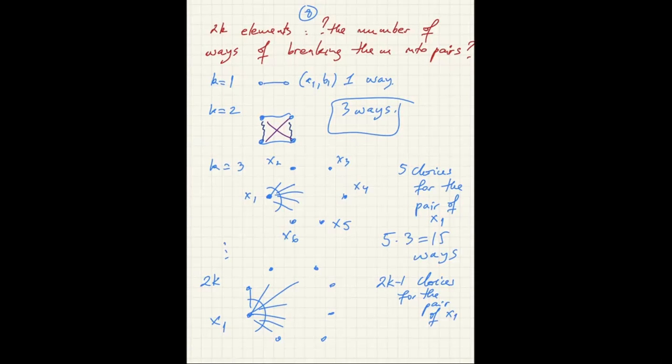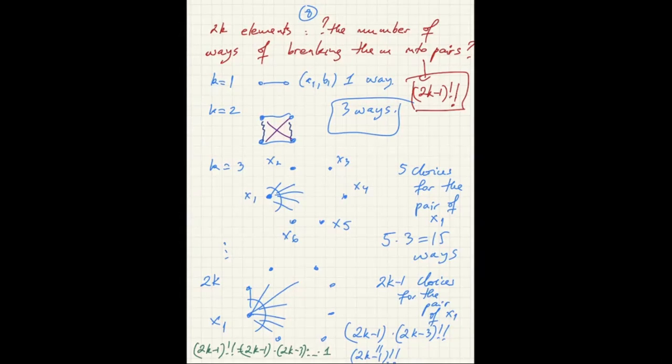It turns out you can prove that the number of ways will be 2k minus 1 times 2k minus 3 double factorial, which is 2k minus 1 double factorial. The double factorial, which I haven't defined, is the product in steps of 2. So 2k minus 1 double factorial is 2k minus 1 times 2k minus 3 times, all the way to 1. So the answer to our question is 2k minus 1 double factorial.